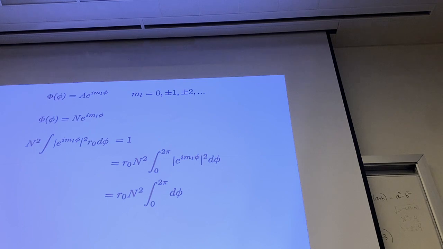So that's easy, because the value of this whole integral is simply 2 pi. That's the length of the circumference. So what I'm having here is 2 pi r0, which is the radius, and then n squared must equal 1, and therefore I can find my n. My n equals 1 over square root of 2 pi r0.